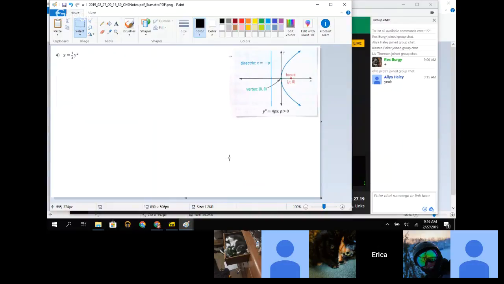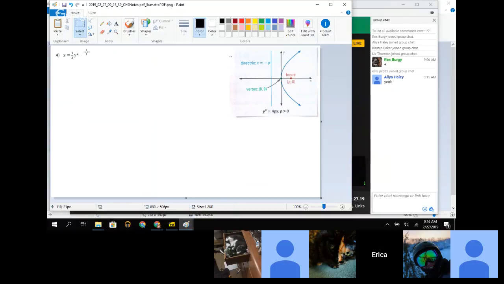So now I just have to figure out exactly where my focus is, where my directrix is, and what this looks like. So I need to do a little work in order to get this equation to look like this. So right now I have x equals 1/3 y squared, right?